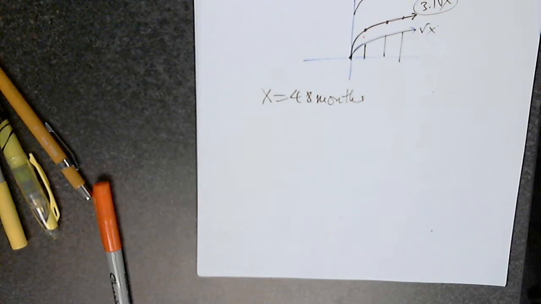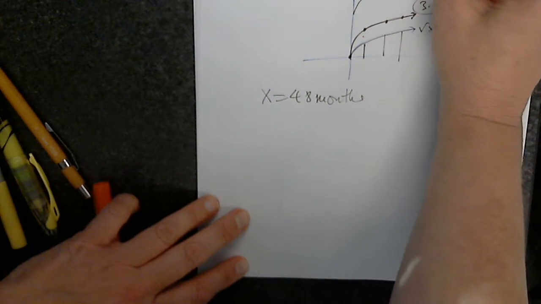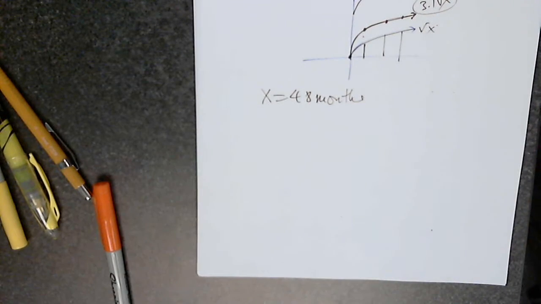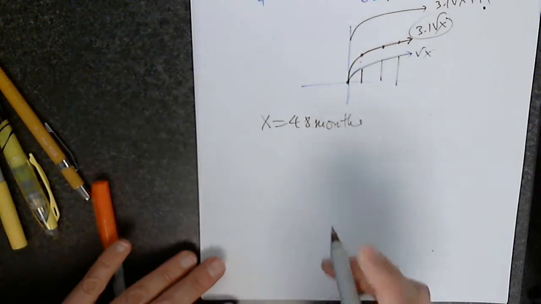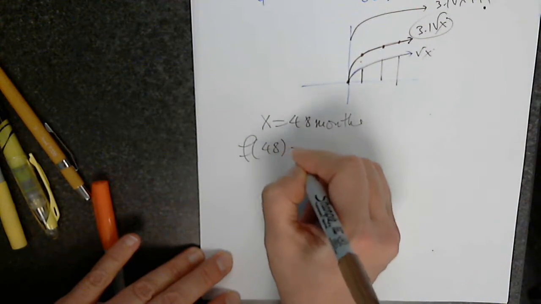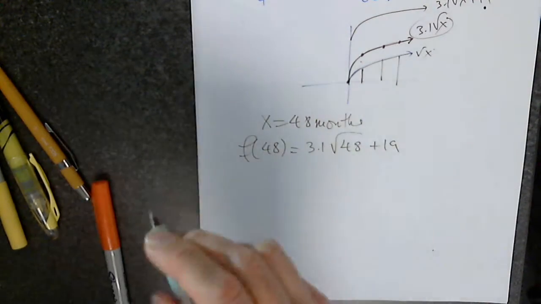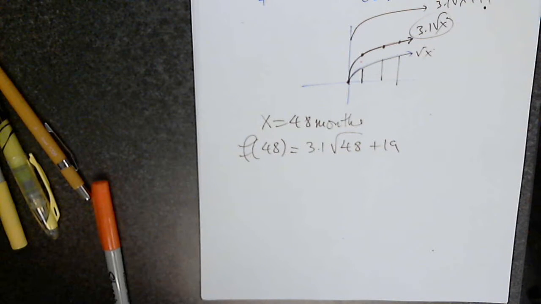How do I determine the median height? This is f of x. How do I determine the median height when x is 48? Right. So I have to find f of 48, which is 3.1 the square root of 48 plus 19. And I grab my calculator. 3.1 times the square root of 48, plus 19.